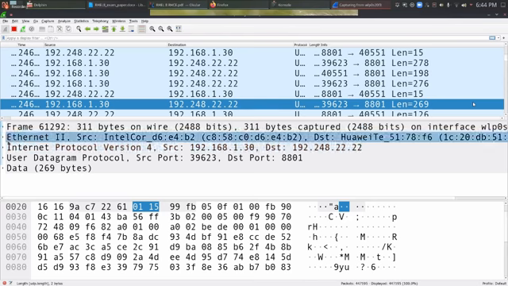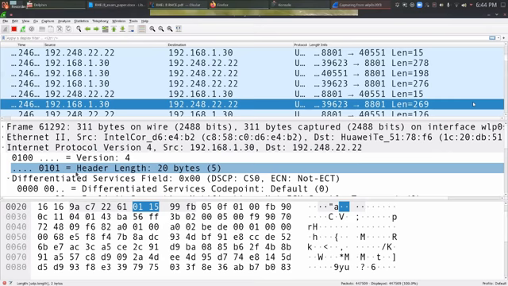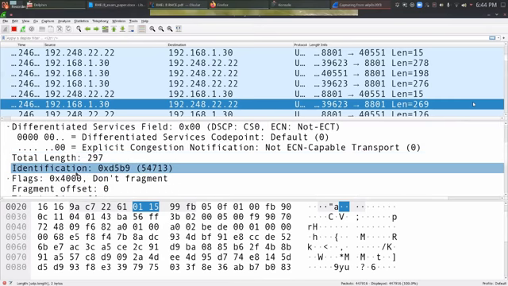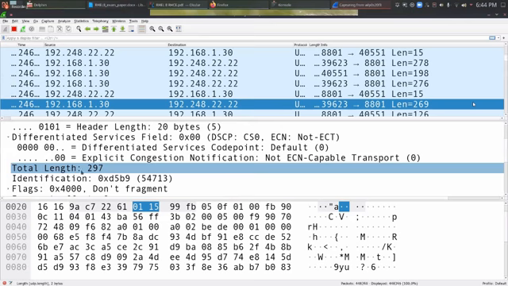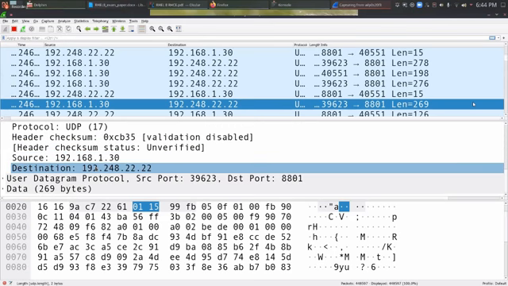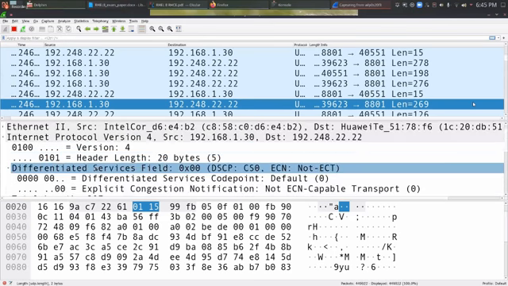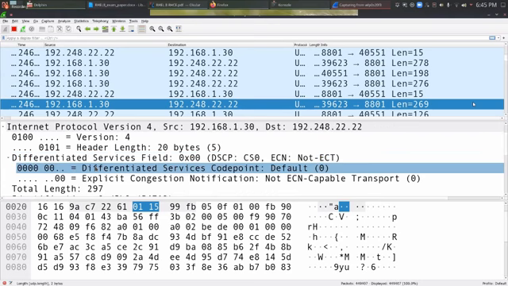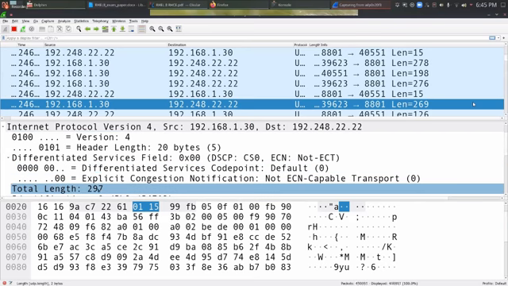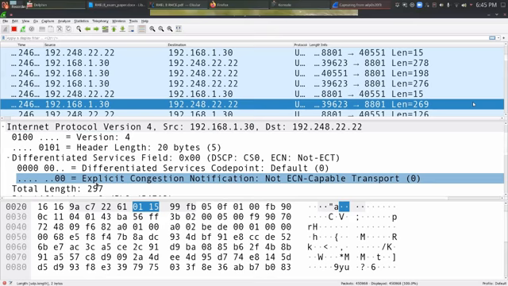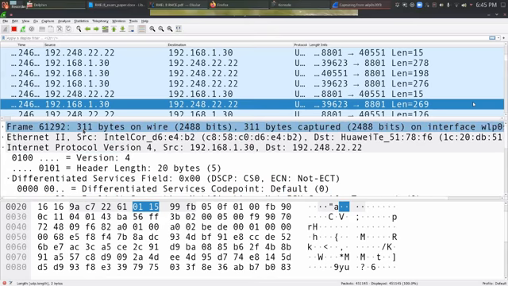If you look at the 311 bytes, and if you see here, it says 297 bytes. So what they are saying is, you have a total length, including the IP header plus the data, of 297. But if you look at the frame, it says 311 bytes.